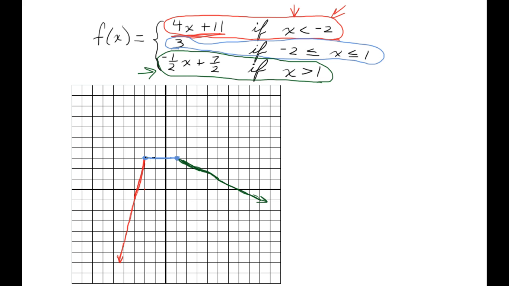Here I've got the dots on the blue, these closed circles, and that is because we're including 1 and -2 in that piece of the function. So that's why it's not a green closed dot or a red closed dot or point.